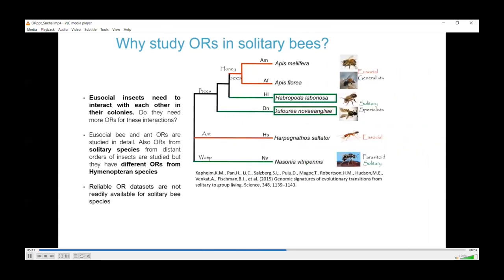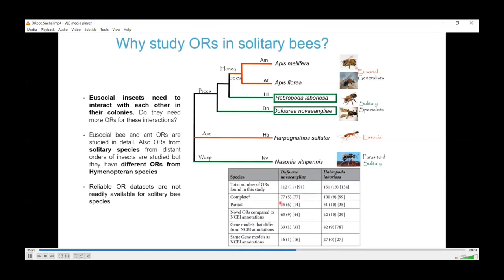So here we decided to look at the genomes of two solitary species, Habropoda laboriosa and Euphoria novangbe. And when we applied an approach that was similar to what I showed before, we found 112 olfactory receptors from Euphoria, which was quite less compared to other Hymenopteran or other bee species.